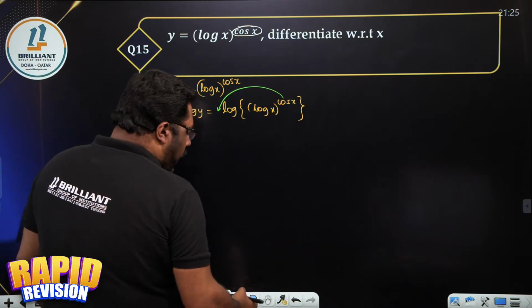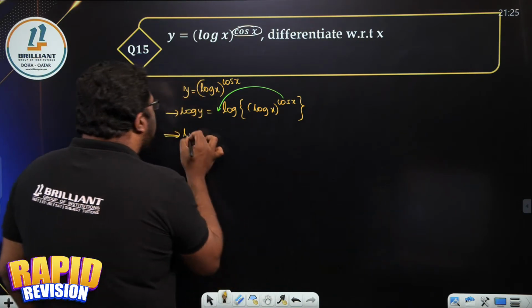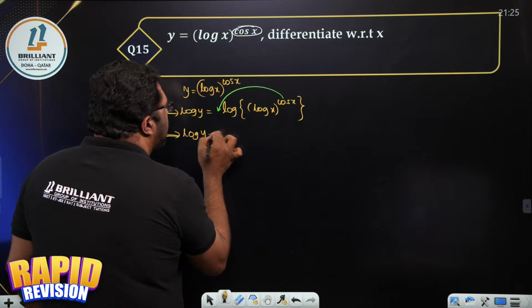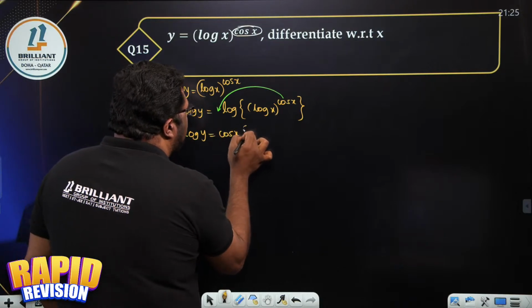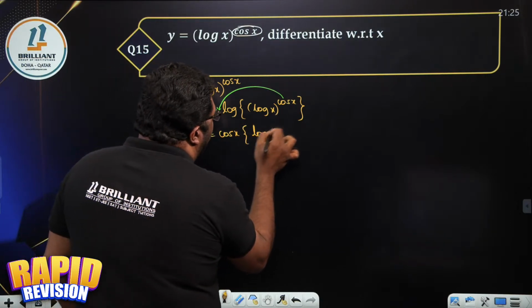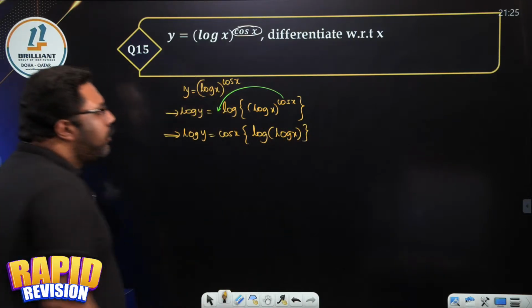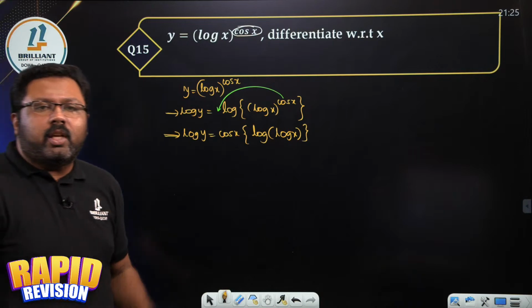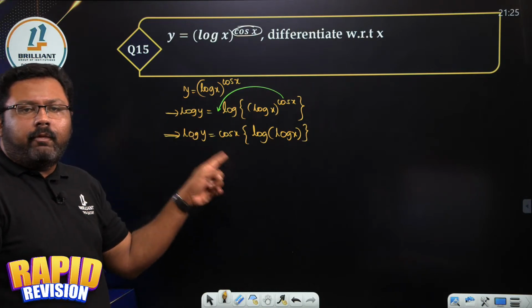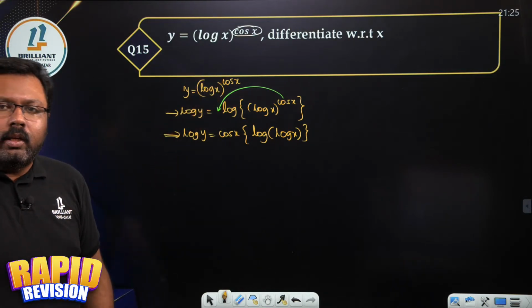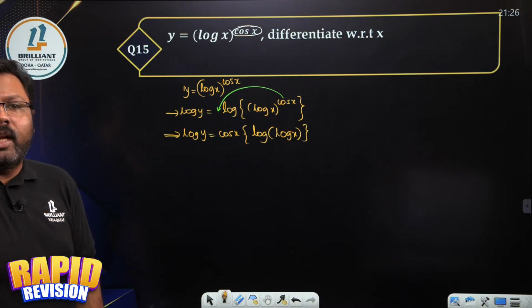So I can say log y is equal to cos x into log of log x. Now I can differentiate. This type of differentiation is done only if you have a power in terms of x, or maybe it's a complicated expression.